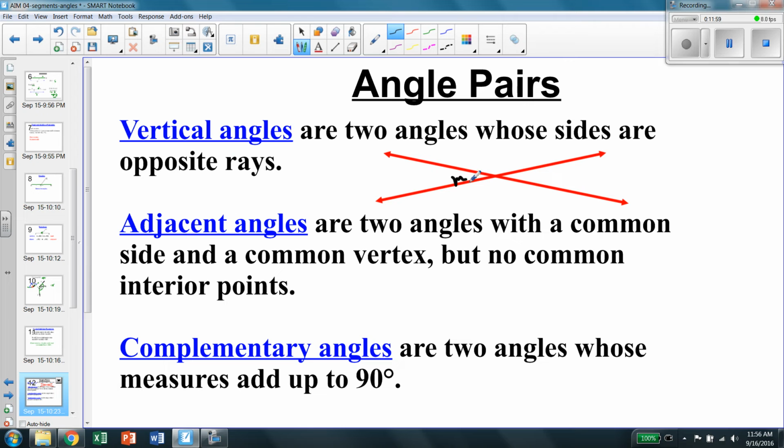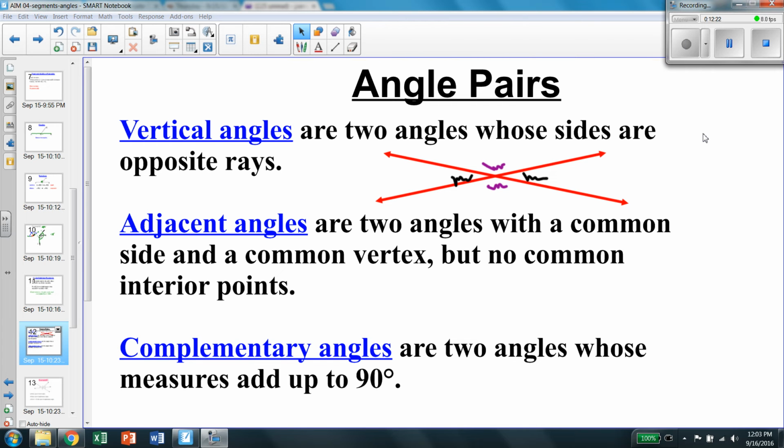So this angle here and this angle here are congruent to each other. That's what makes them vertical. Likewise, this angle up top and this angle down here are also congruent to each other because they're vertical. And we'll get into more of that later.